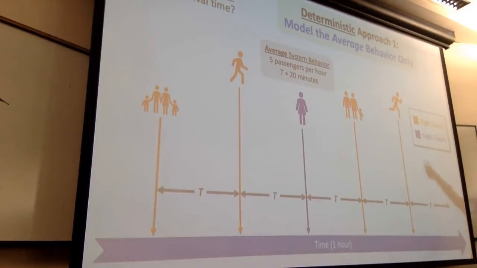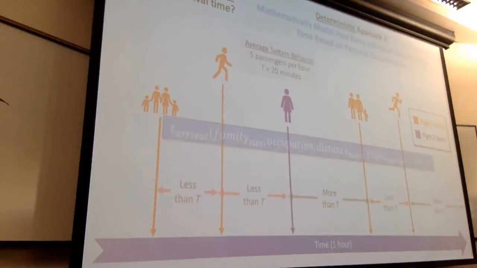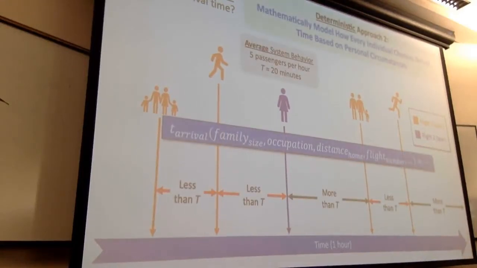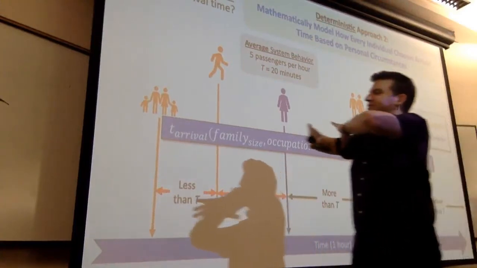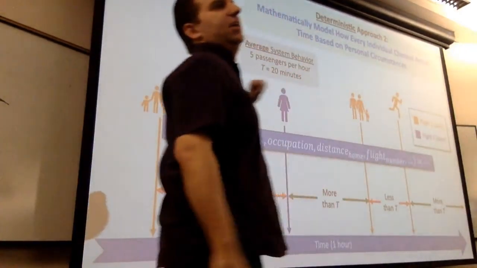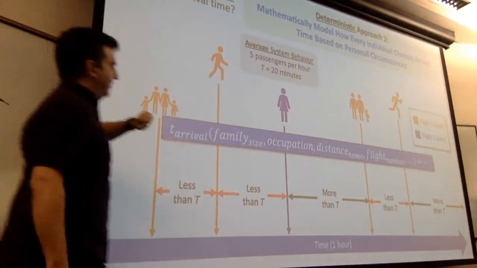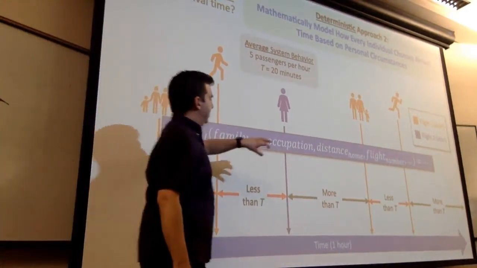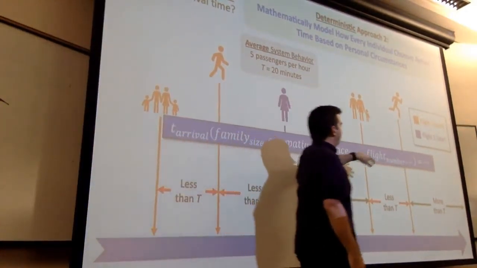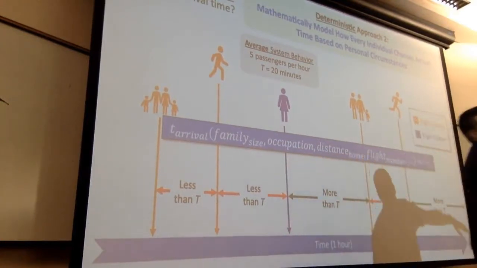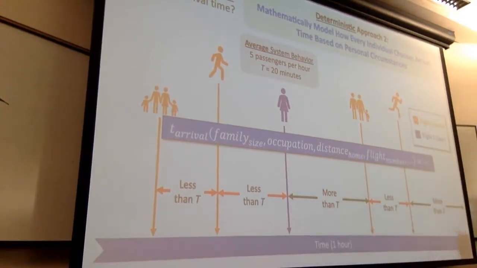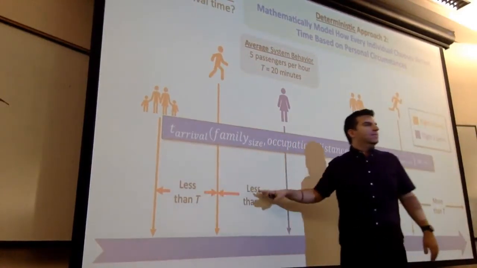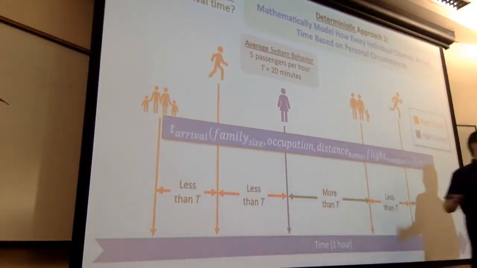So that is one deterministic approach, right? To say it's always this. The other deterministic approach I could do is to try to come up with a mathematical rule that captures all of this realistic variation in one. So it says, all right, based on their family size, their occupation, their distance from home, their flight number, all of these other things, I can come up with a way to predict exactly what each one of these times will be, and hopefully get it right.